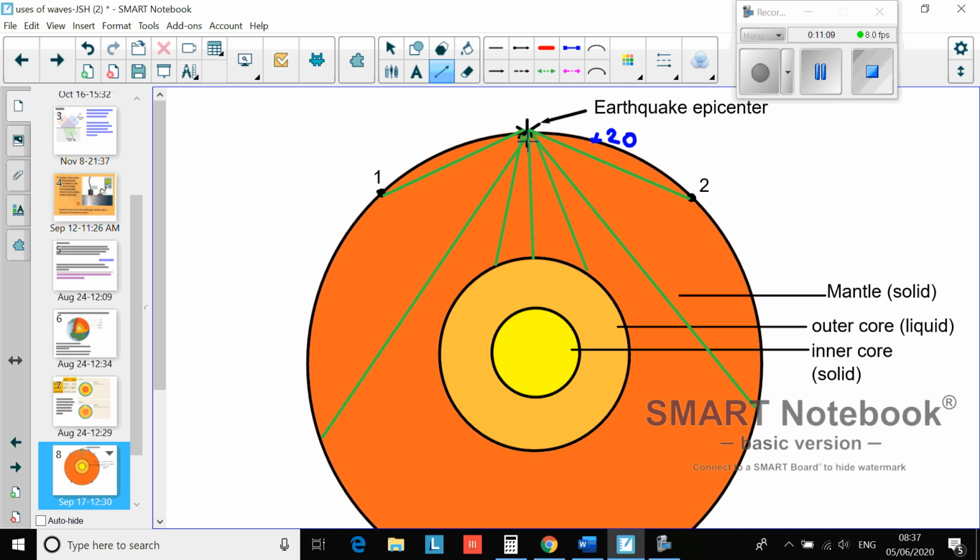So, when these P waves enter the outer core, which is a liquid, they will refract slightly, like that. These ones are going in straight, so I'll just draw those ones straight. And then these ones will refract slightly again. But what the seismometers notice is when they got to the inner core, refracted again.